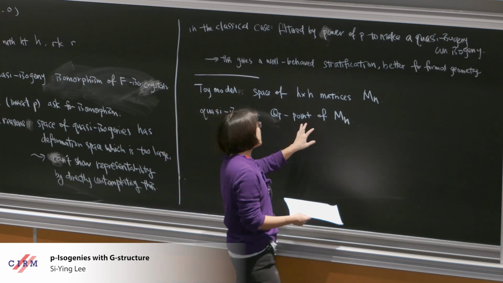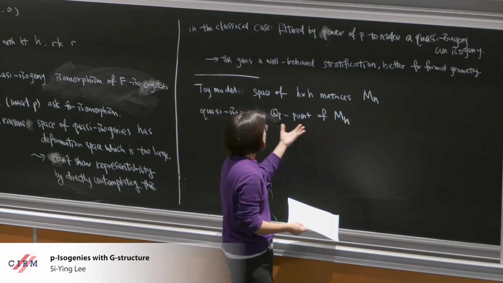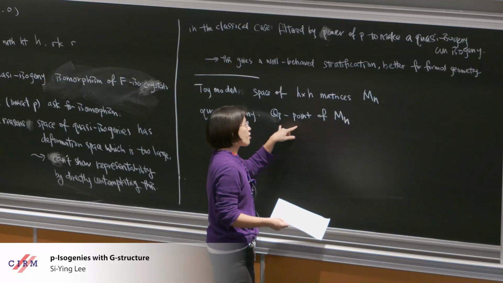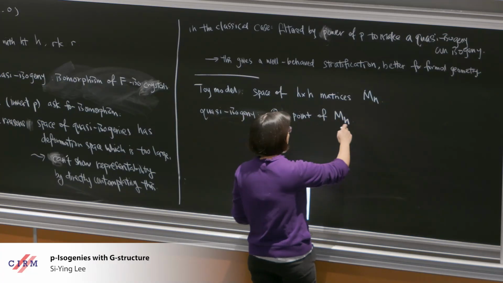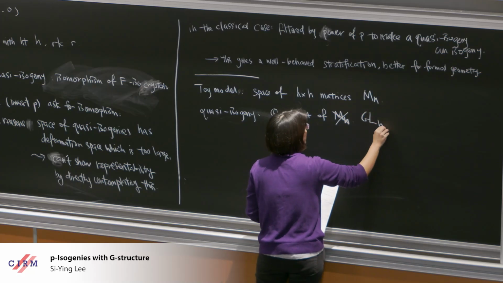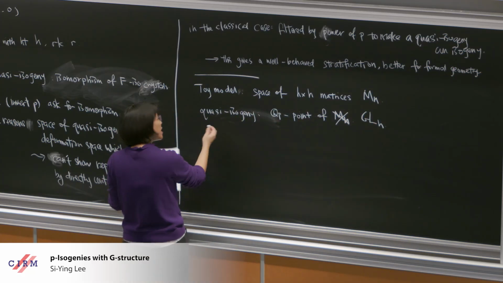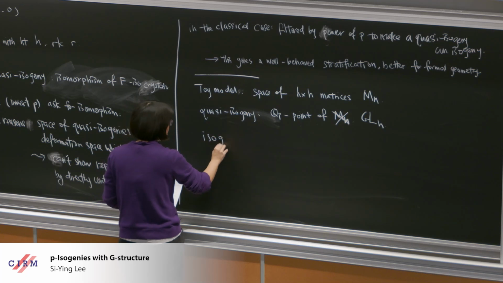So I want it to be not just a QP point of the space of H by H matrices, but I really want that on the generic fiber this thing lands not in here, but really in GLH. So somehow invertible on the generic fiber, to say that it is an honest isogeny.